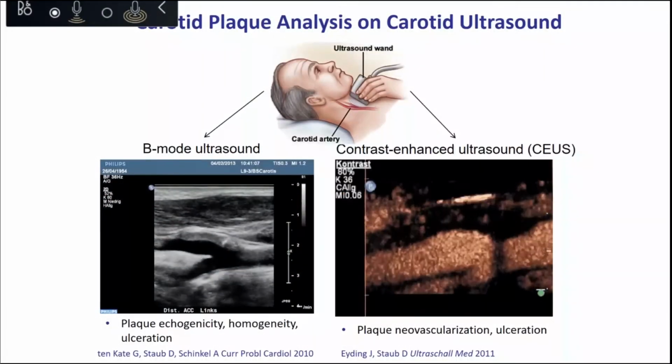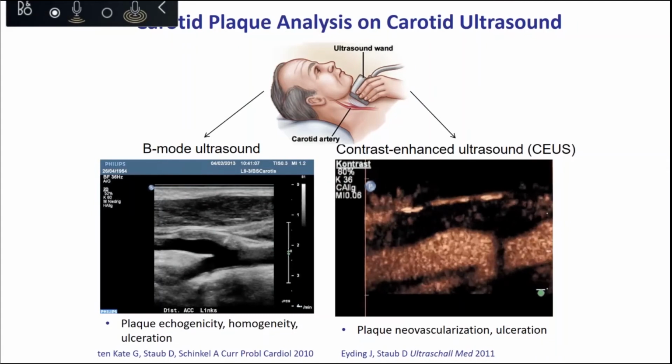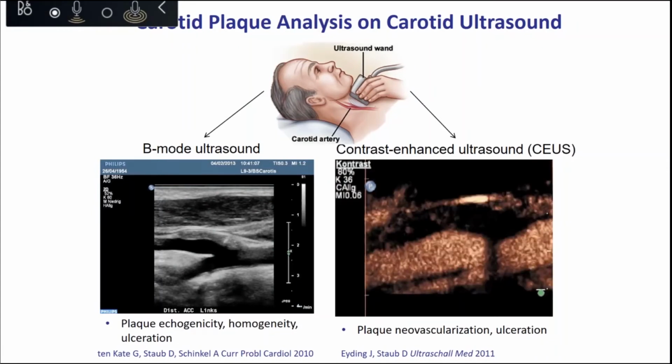But most important, you can better do a plaque analysis by using not only the B-mode ultrasound, as you can see here, to see the plaque echogenicity, the homogeneity and alteration in this example. We know that echogenicity is also important to see if a plaque is vulnerable or not.